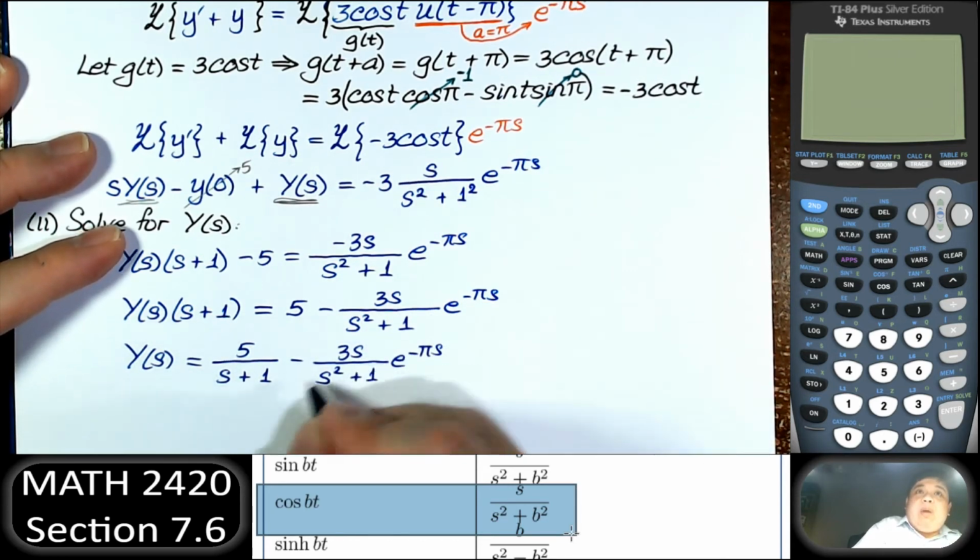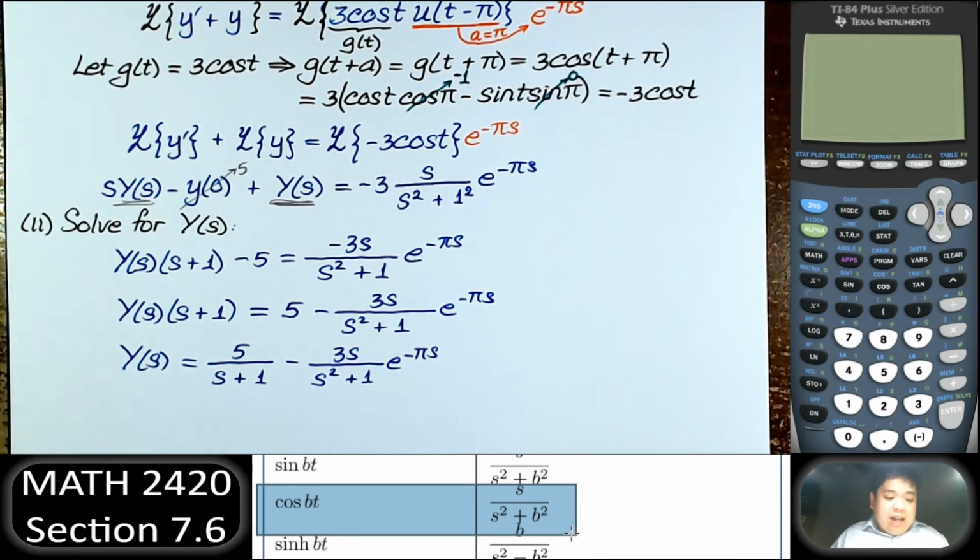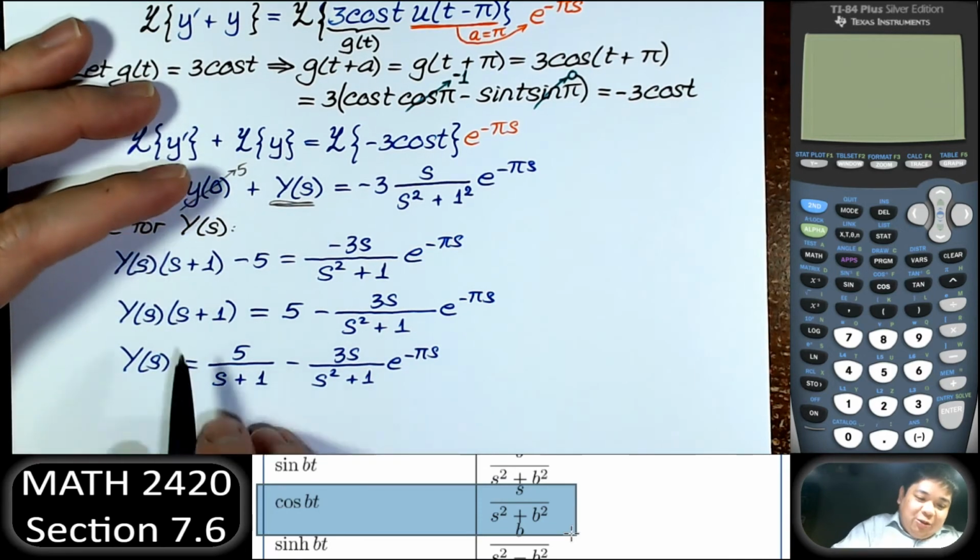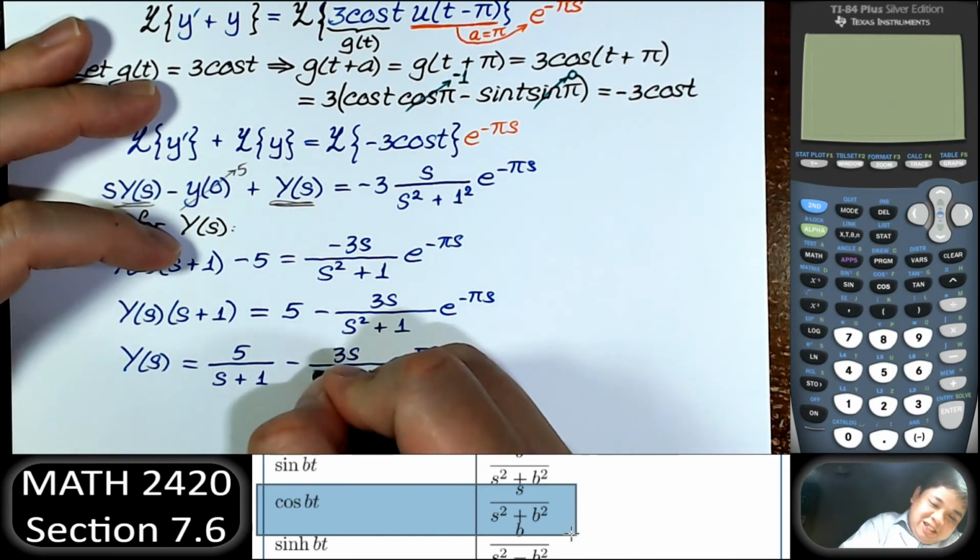Of course, we cannot combine this with that. We divide by s plus 1 this way.